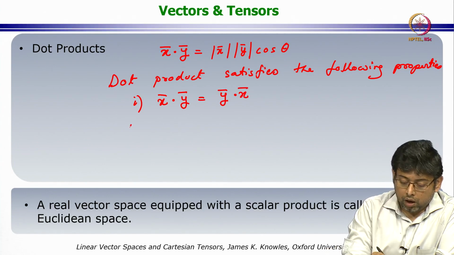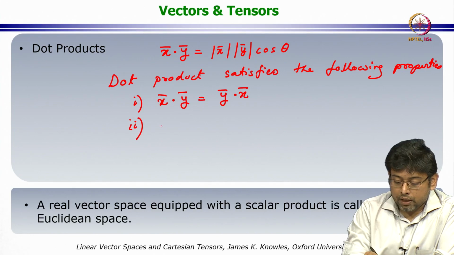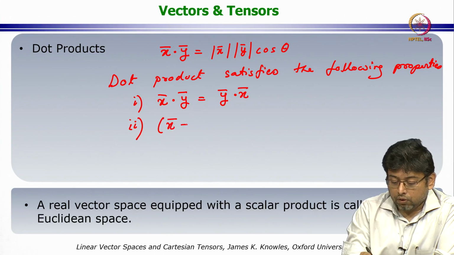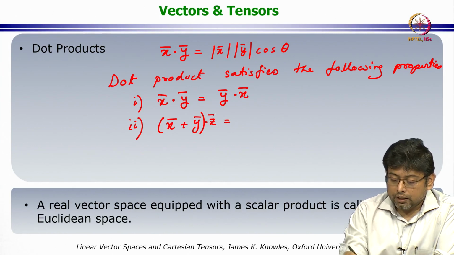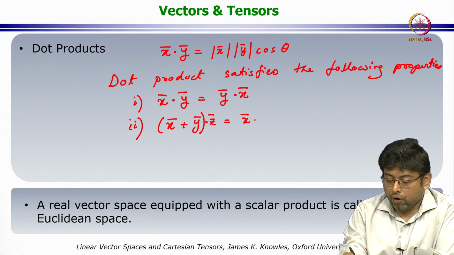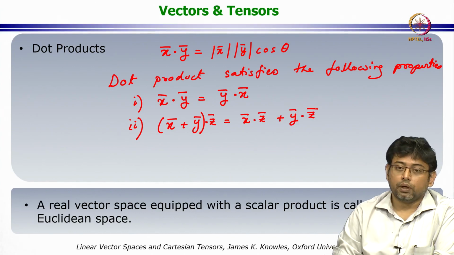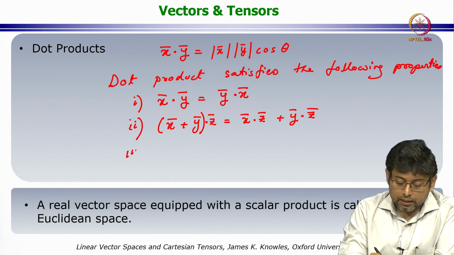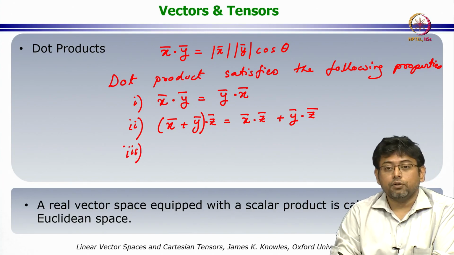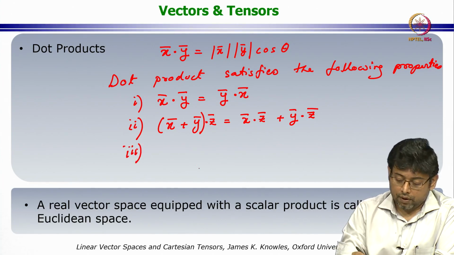Another is that it is distributive. If I do x plus y dot producted with another vector z, this is the same as the dot product of x with z added to the dot product of y and z. And the third is multiplication with a scalar, because that we haven't specified yet.